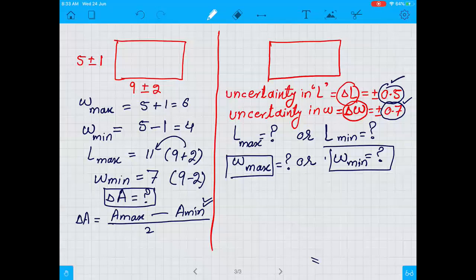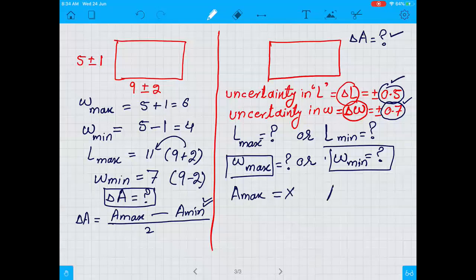Now, the question is the same. You need to calculate uncertainty in the area. But here the problem is you do not have L maximum and width maximum. Maximum length and maximum width is missing. So you cannot calculate the maximum value of the area.